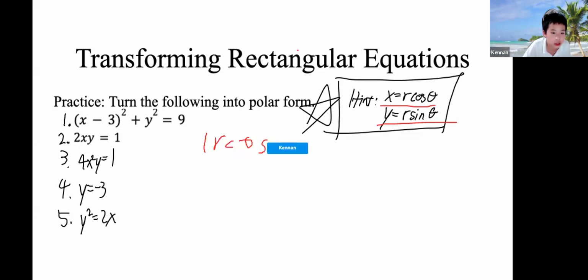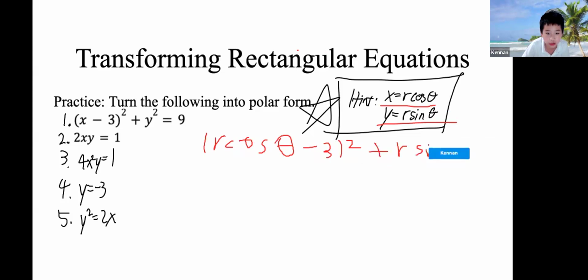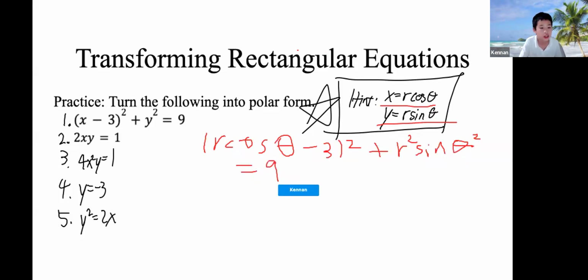and we get r cosine theta minus 3 squared, plus r sine theta squared, equals 9. So note that we have this 3 here, so we can cancel out.